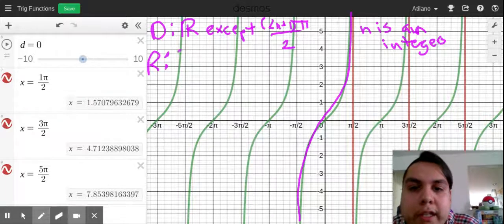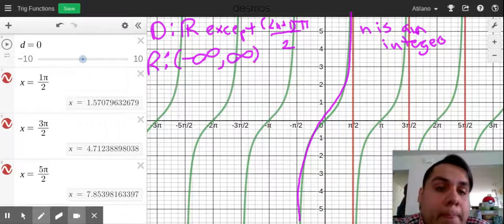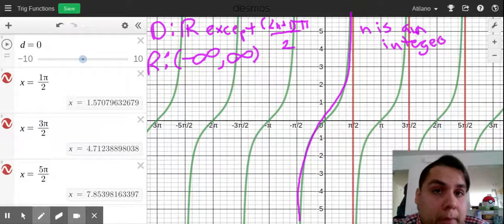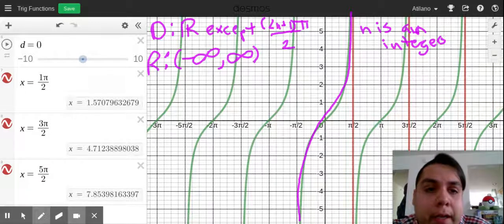So the range is actually infinite, from negative infinity to positive infinity. Any possible number you can think of, tangent will equal that number. And if you don't believe me, when we get a little further, you'll be able to test it out in a little bit.